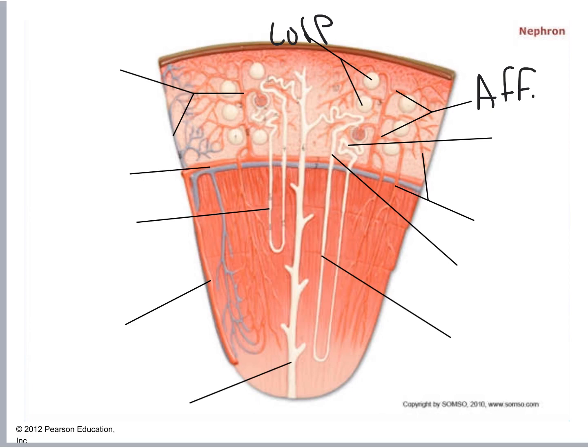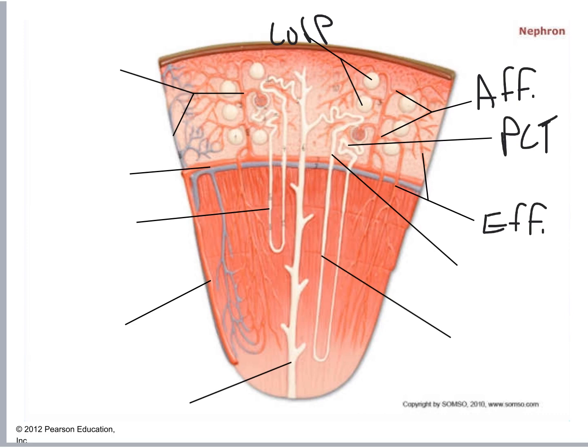The next line is pointing to the proximal convoluted tubule. This is the renal tubule that's attached to Bowman's capsule, or attached to the renal corpuscle. The next line is pointing to the efferent arterioles. This is the blood that's leaving the glomerulus and going to the peritubular capillaries.